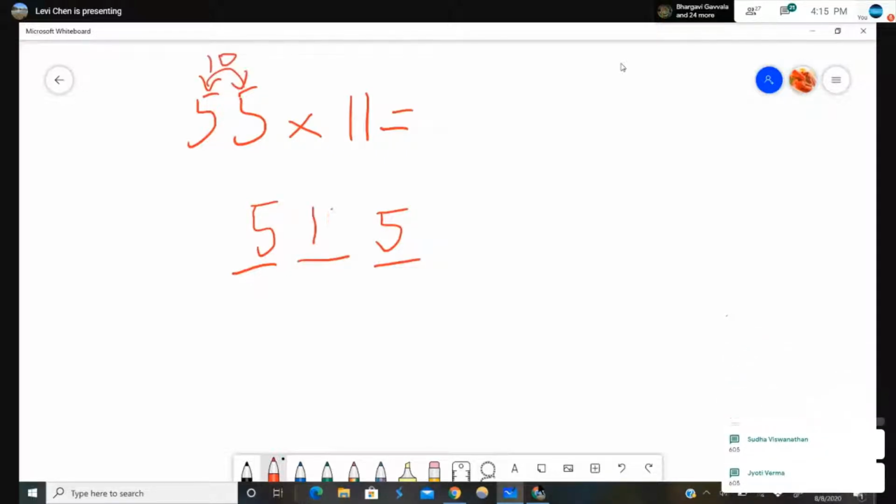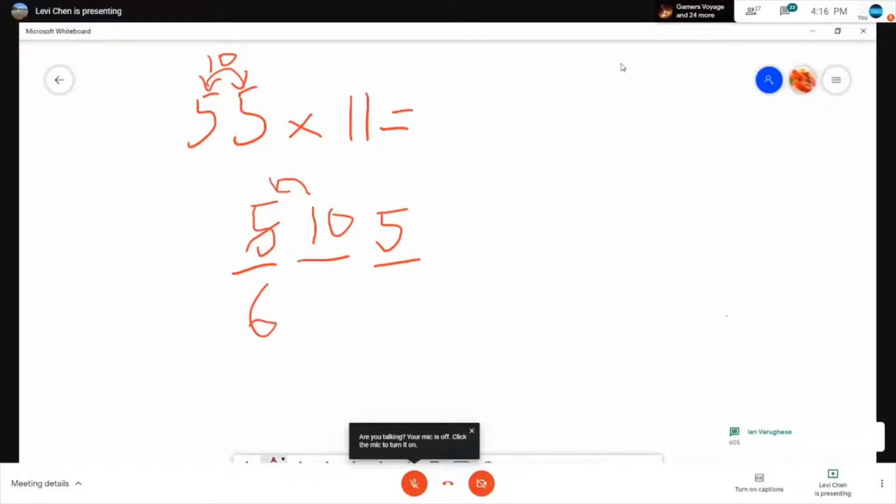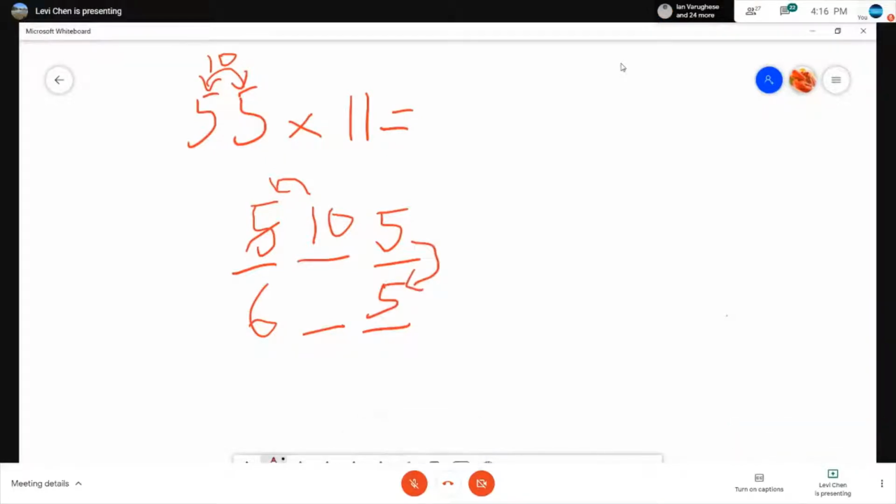We can't have a 10 here because we know 55 times 11 is always going to be a three-digit number. So what you want to do is carry the 1 over to here, and that becomes 6. The 5 still remains down here, and the middle digit is going to be 0 since you took away the 1. So the answer is 55 times 11 is equal to 605.